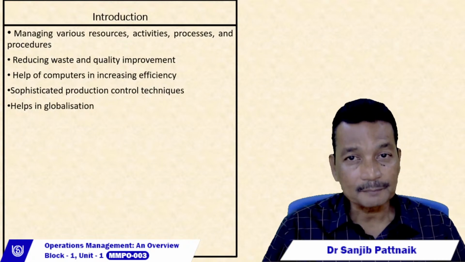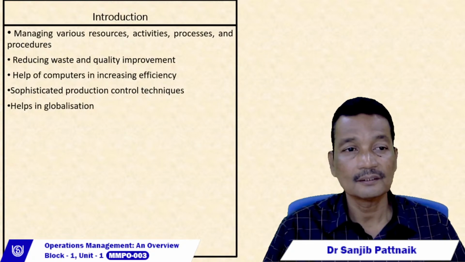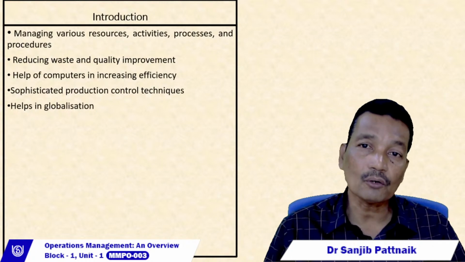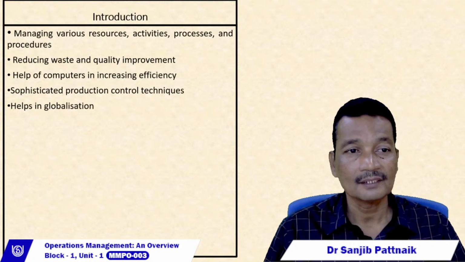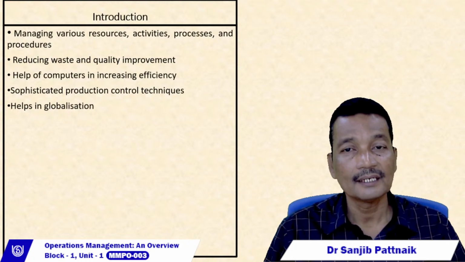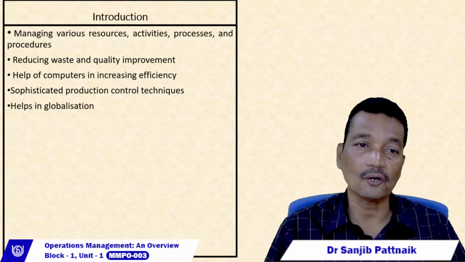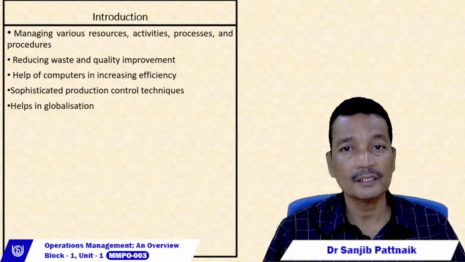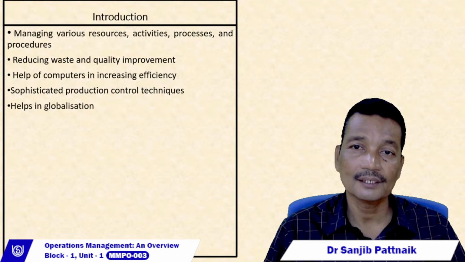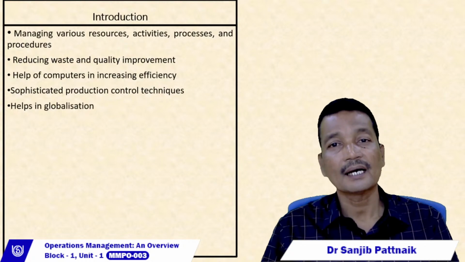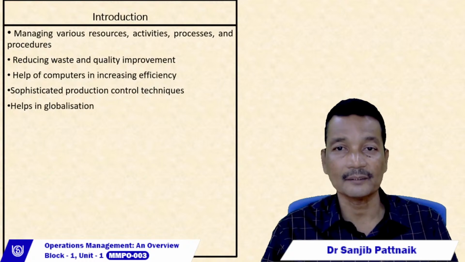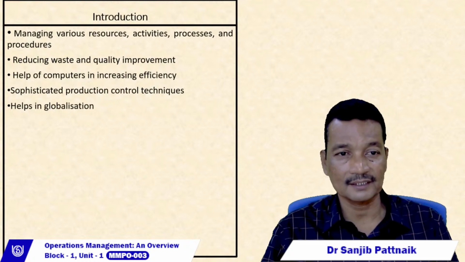Now, at this present juncture, operations management is vital for all organizations as it helps in sustaining in the long run. For that, the reduction in waste and quality improvement are a continuous thing that has to be adopted by the organizations.